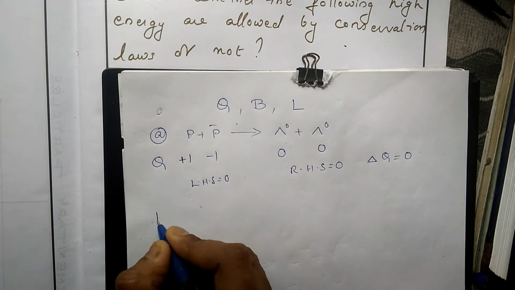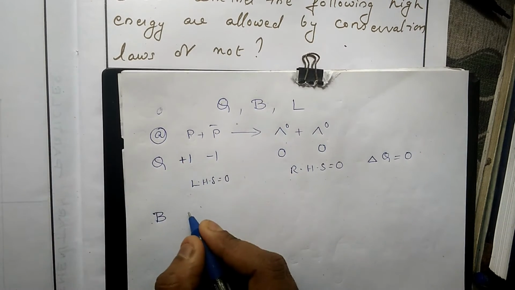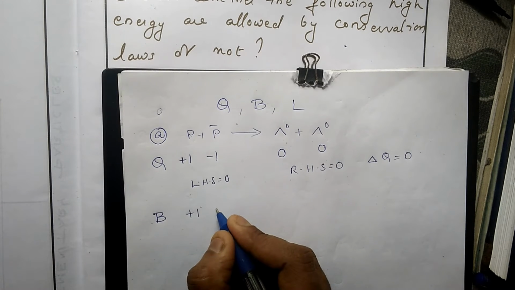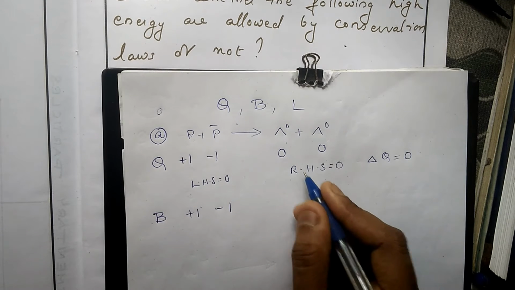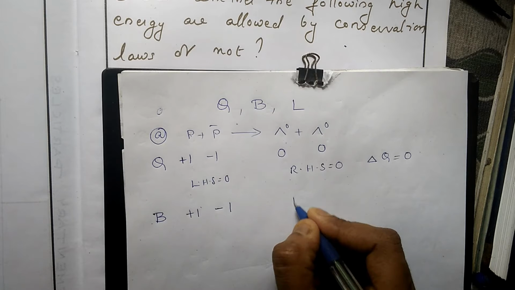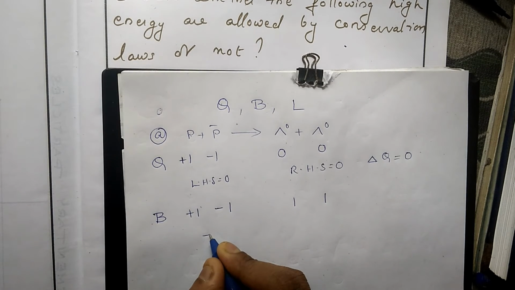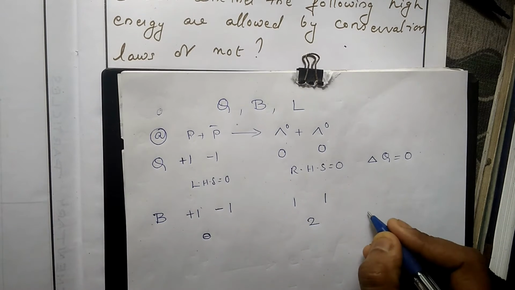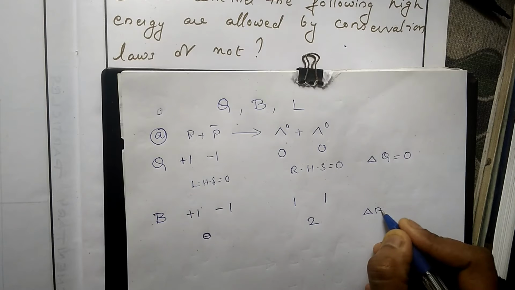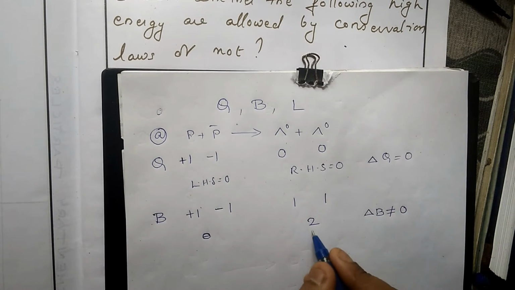Similarly, for baryon number calculation, the baryon number for P is plus 1, for P bar it is minus 1, and for lambda 0, baryon number is 1, 1. That means LHS is 0 and RHS is 2. That means delta B is not equal to 0.